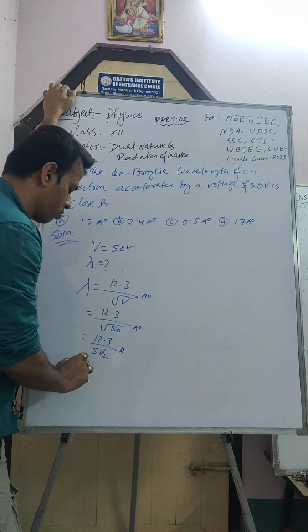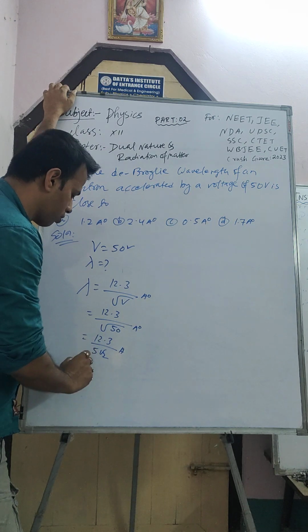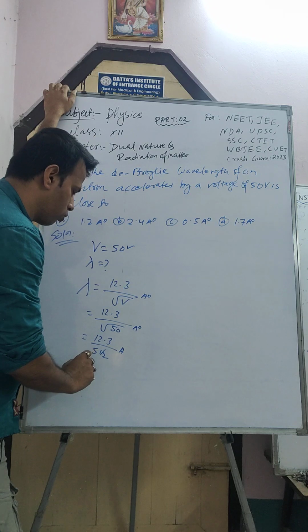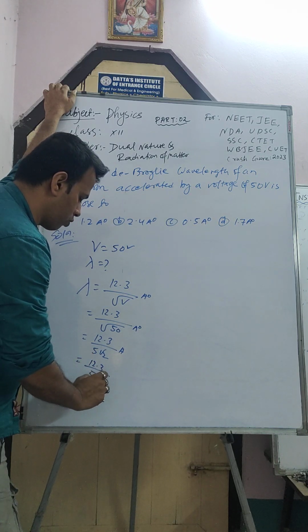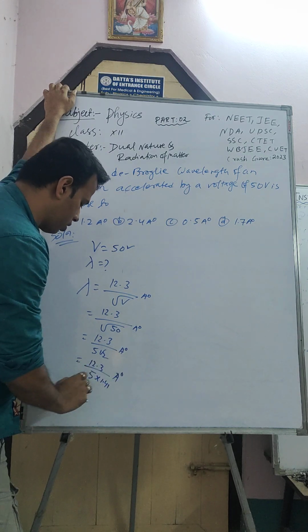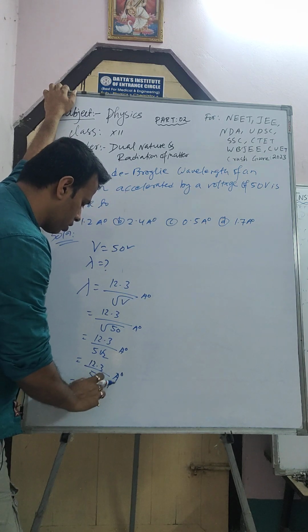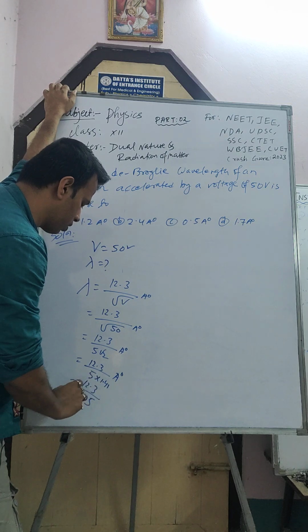Okay. So if I divide 5 by this one, it will become 12.3 by 5 into 1.41. Okay. First I multiply this, 12.3, and if I multiply this, it will be 5 into 1.41, which becomes 7.05.